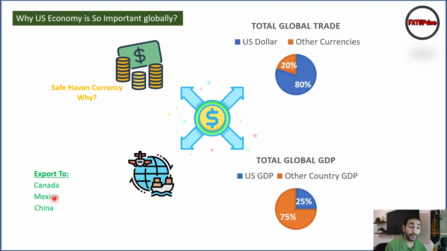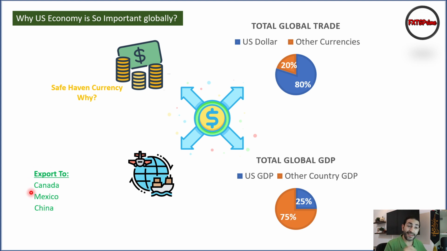So, Canada, Mexico, and China. Those are the main countries that affect the USD when there is any indicator or any news related to those countries. If you realize recently, whatever is happening in China, we are immediately seeing the effect on the prices of the Euro USD and the gold and so on.